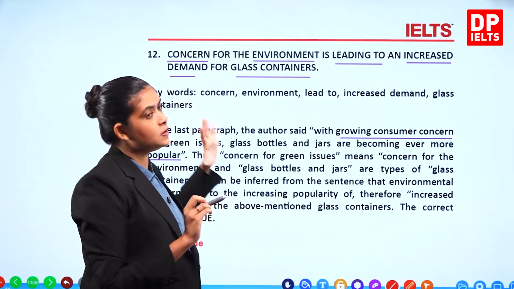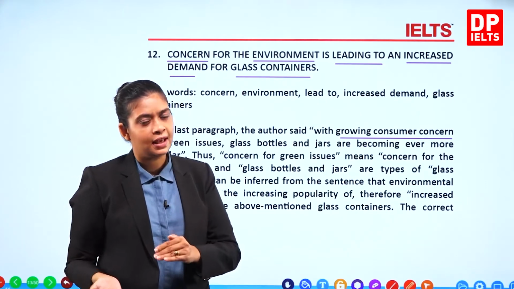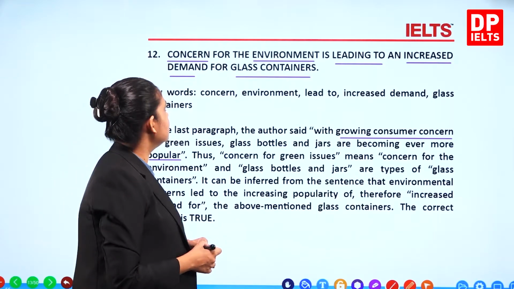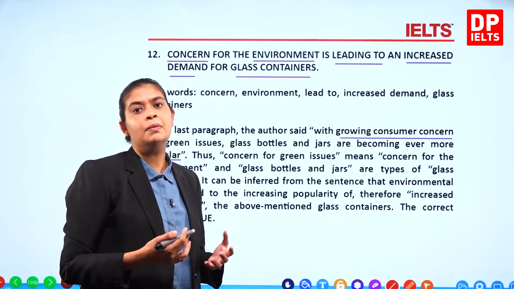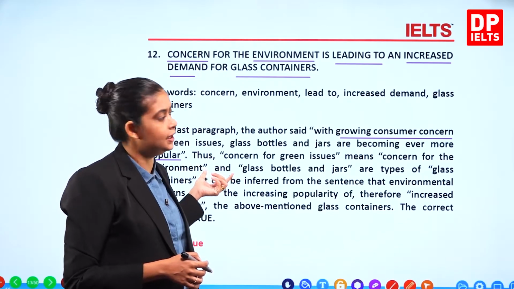So here it says, because people are concerned about the environment, this has led to what? The number increasing in terms of glass containers. There's a demand for it. Well, this is exactly what it is telling here.